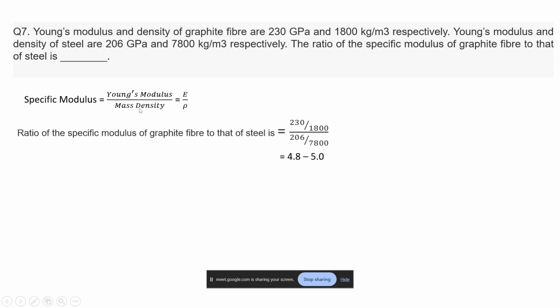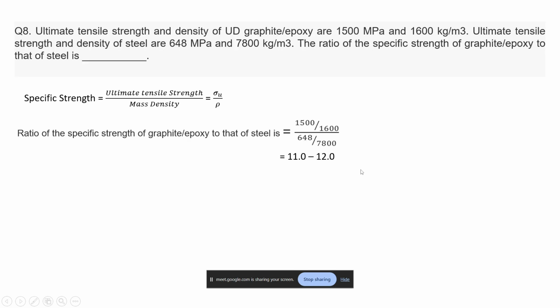The Young's modulus and mass density of the graphite fiber are given to us: Young's modulus 230 gigapascal and mass density 1800 kg per meter cube. The values for steel are also given. We have to find the ratio of the specific modulus of graphite fiber to that of steel. When we put these values in, we get a ratio between 4.8 and 5.